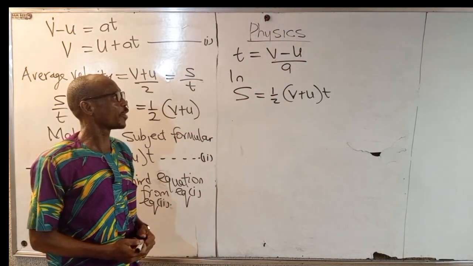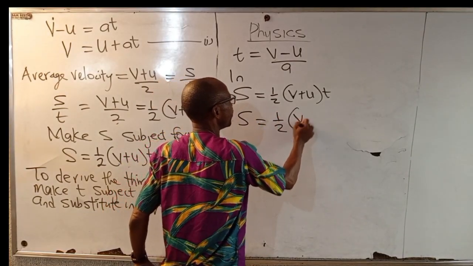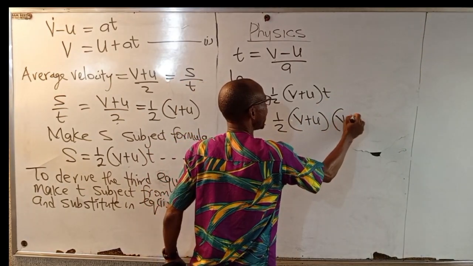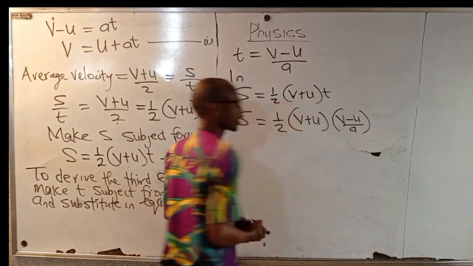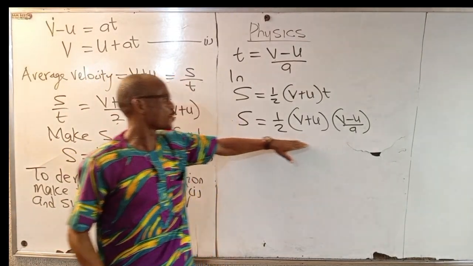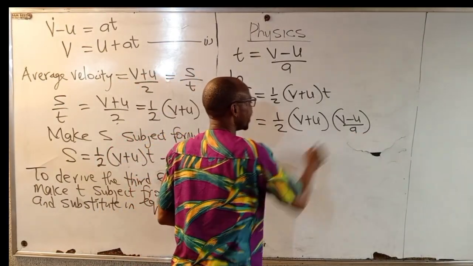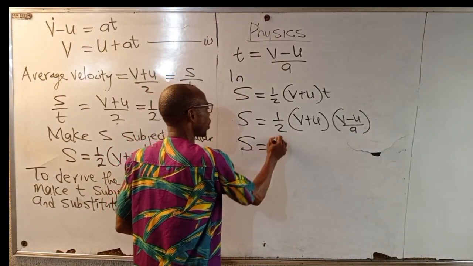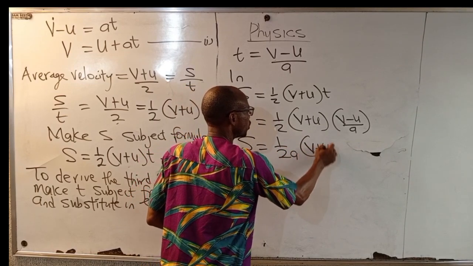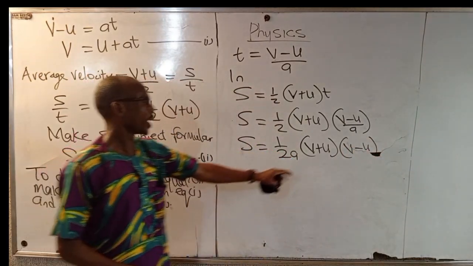And that will give us x is equal to 1/2 (v + u) times (v - u)/a. We can simply write this with a dividing, so it comes out: x = 1/(2a) (v + u)(v - u). And this is what we have.